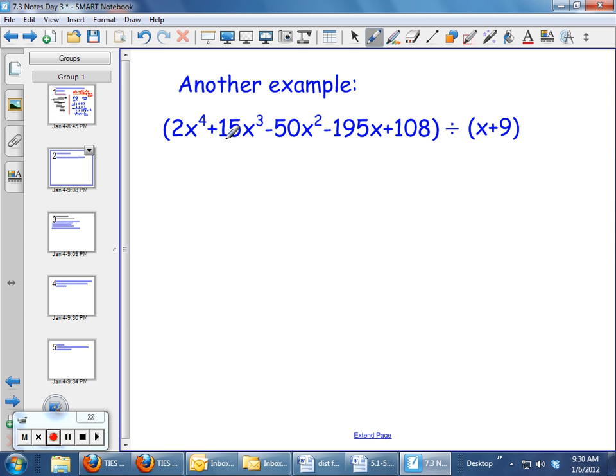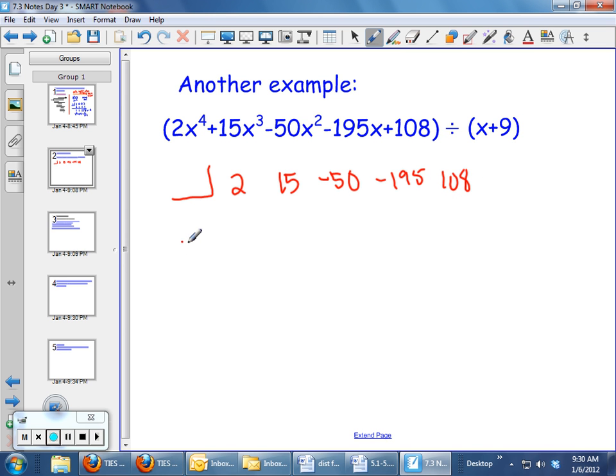So we've got 2x to the fourth plus 15x to the third minus 50x squared. So our first step, we're going to put in a little box. And we're going to write down the coefficients of this polynomial. So it's going to be 2, 15, negative 50, negative 195, and positive 108.